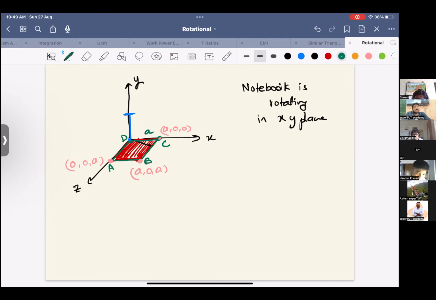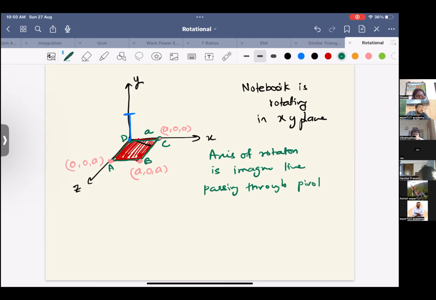Now, what is the axis of rotation? Axis of rotation is an imaginary line passing through the pivot.